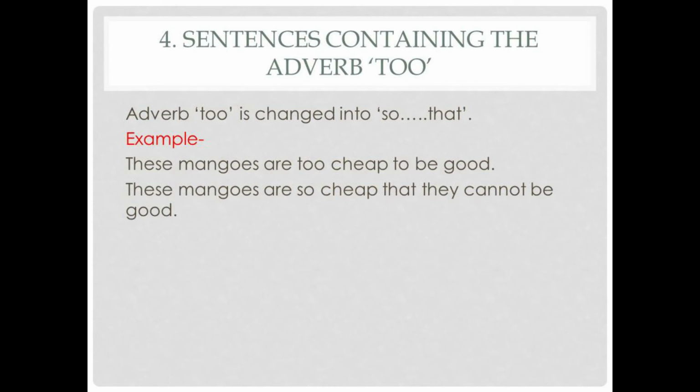After this, any one of he, she, it, they, I, we is used according to the subject of the first clause. Now you have to replace to with cannot in present tense and could not in past tense.